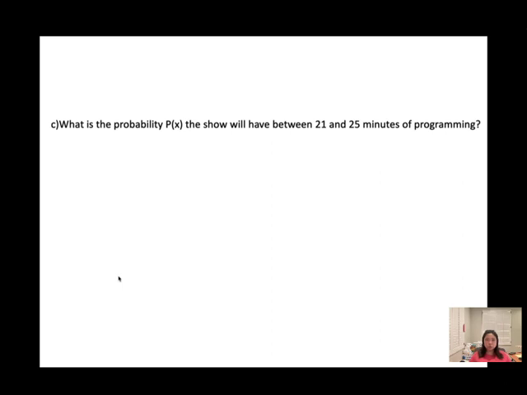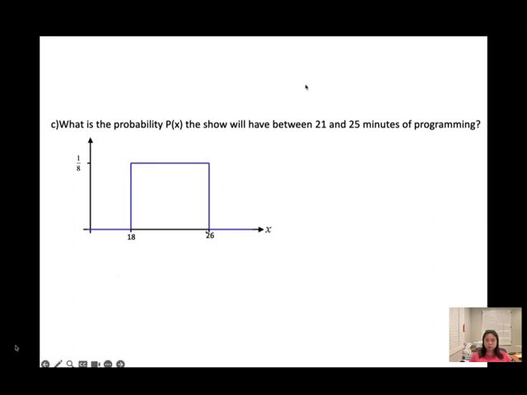Okay, C. What is the probability the show will have between 21 and 25 minutes of programming? So again, I have this picture. I want you guys to try to do it by yourself. So 21 to 25, we are looking for the area of this part.